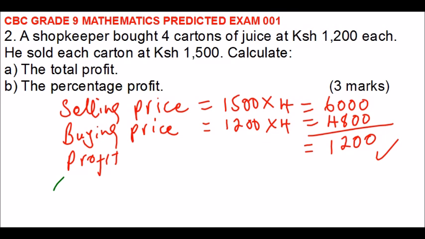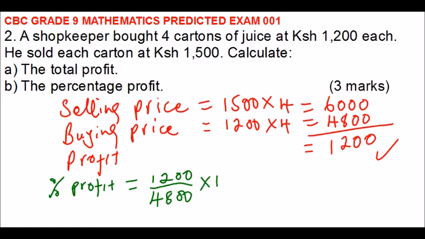So we can write it like this: percentage profit is equal to, he made a profit of 1,200, and he used 4,800 to buy, and then you multiply by 100 to get the percentage.